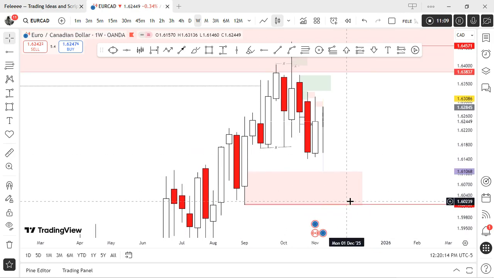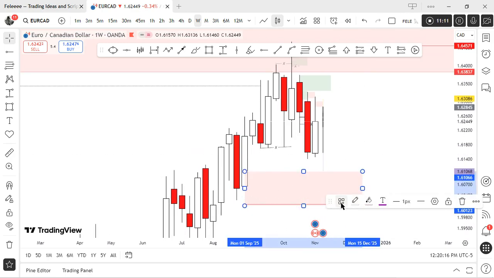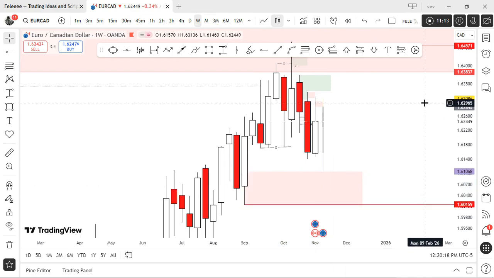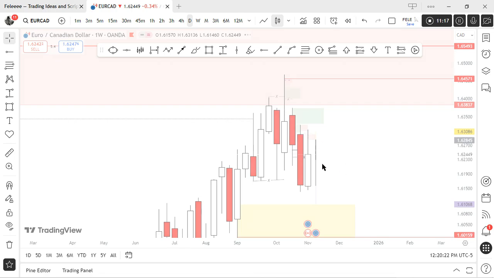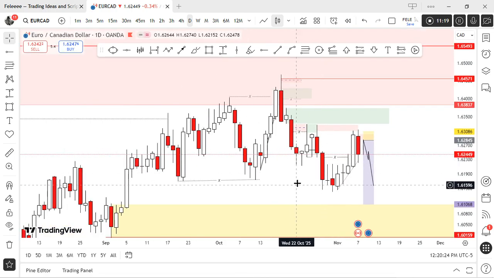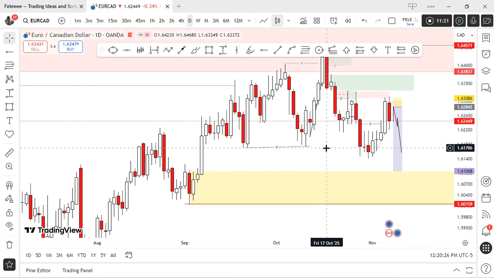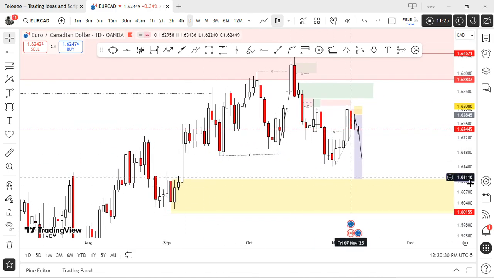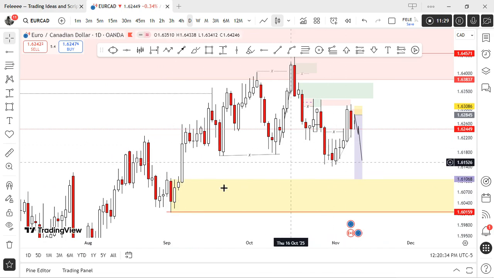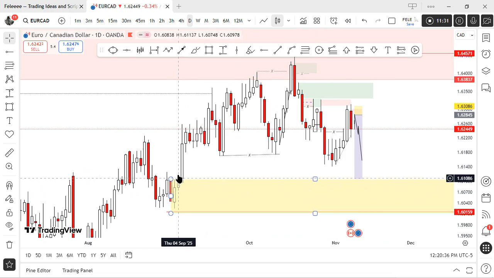So what I'm looking at on this coming week, I see on the daily, what I'm looking for is this. As we know, that's what liquidity is, and we still want to see price come to test this down here.